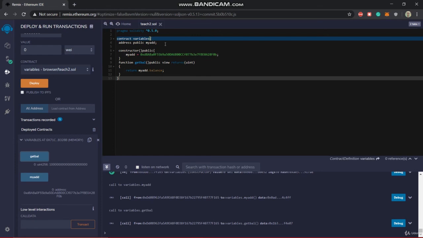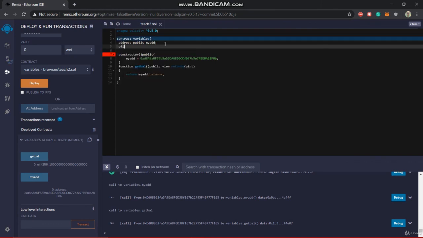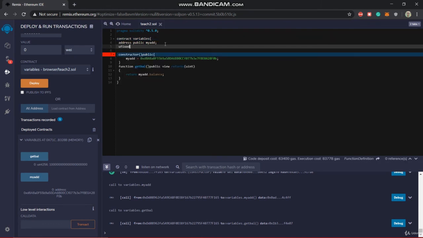Next, you have fixed point numbers, or the decimal numbers you can say. So you can basically put it as, just follow the syntax right out here.